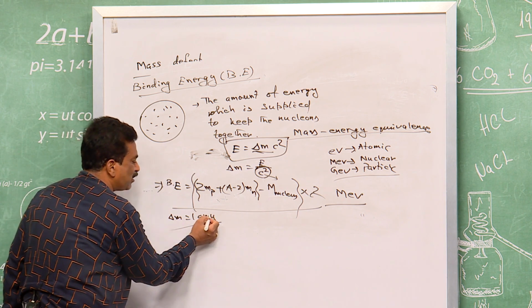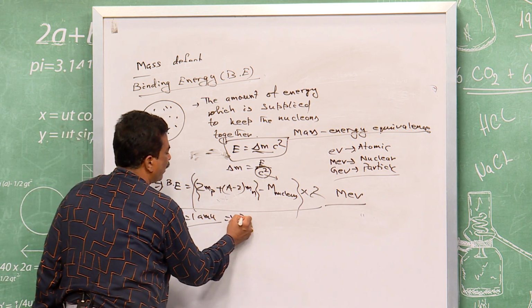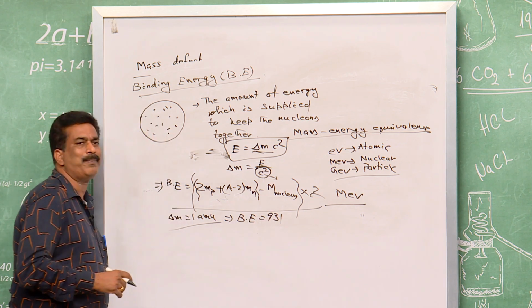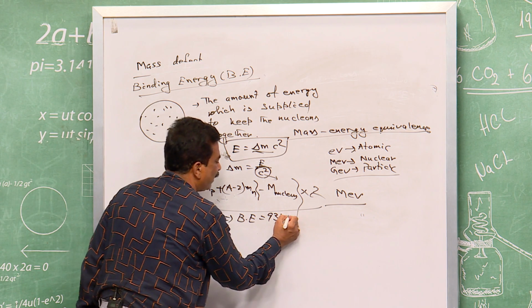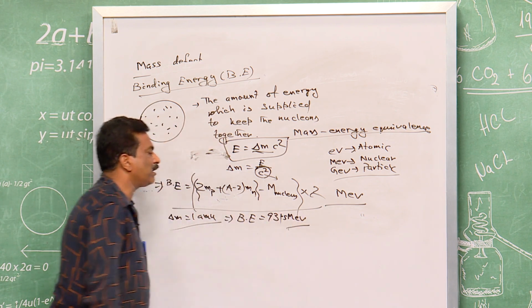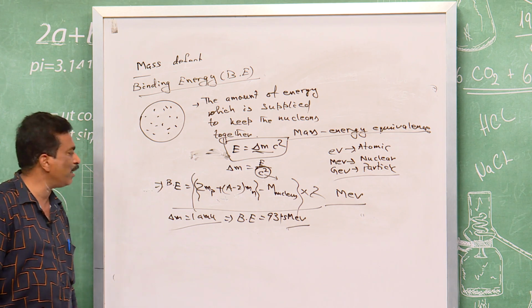So if del M is equal to 1 mu, and that is converted into energy, we derived in nuclei part 2 that the binding energy is 931.5 MeV.